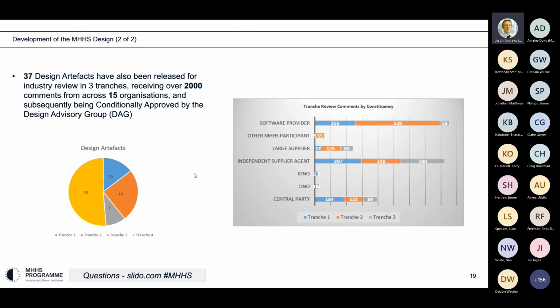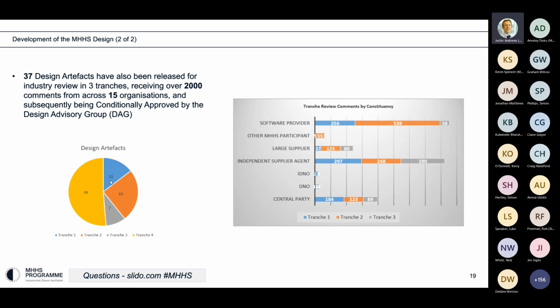Because there have been so many design artifacts, we've released them for approval by the Design Advisory Group, the DAG, in tranches, and there have been 4 tranches. As you can see there, we've received a fair amount of comments on those 37 design artifacts to date.